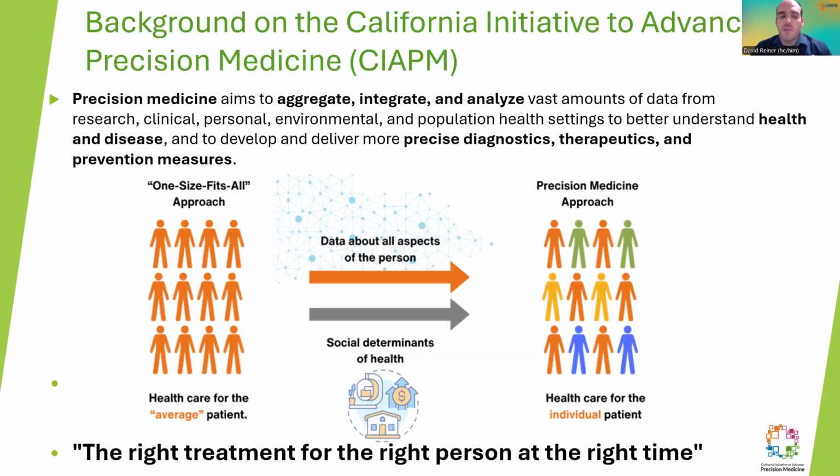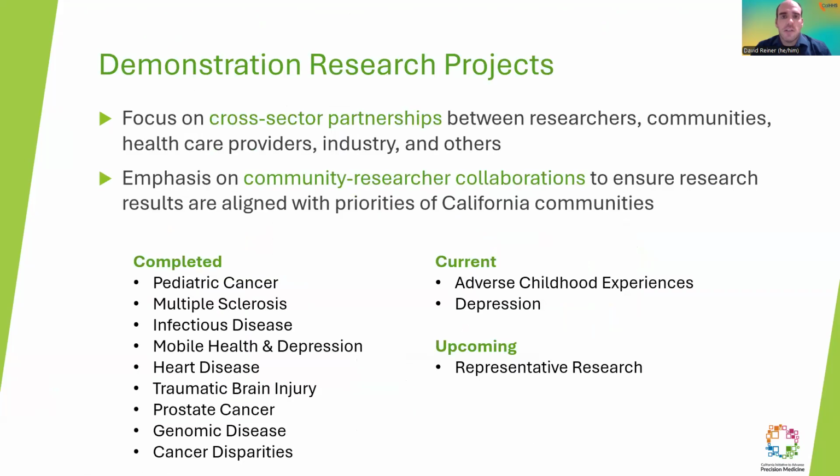Put more colloquially, it's really a distinction between the one-size-fits-all approach to include data about all aspects of the person, including social determinants of health, to achieve healthcare for the individual patient, or the right treatment for the right person at the right time. Next slide, please.